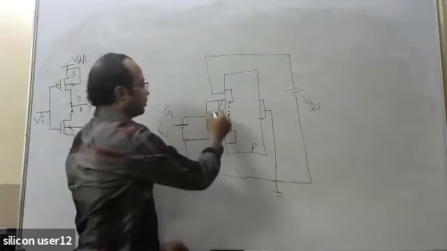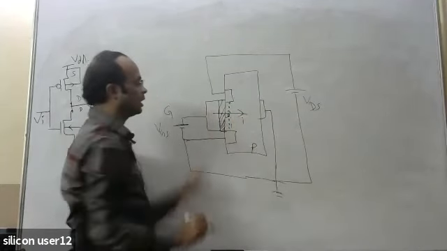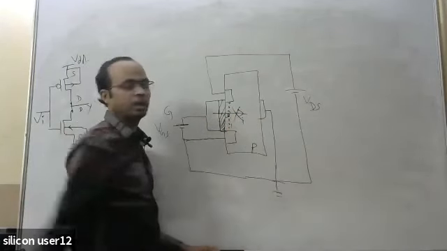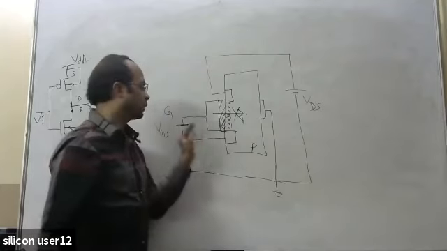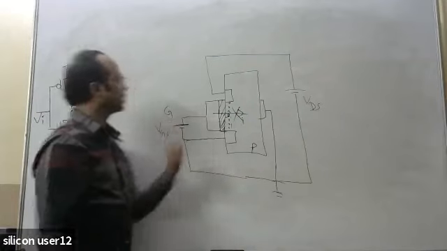That means there is no possibility of current flowing in this direction. You can say the gate current is almost zero here.